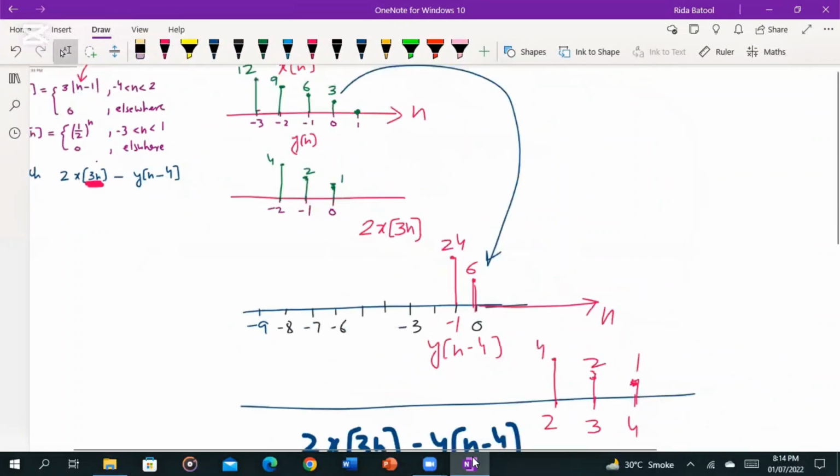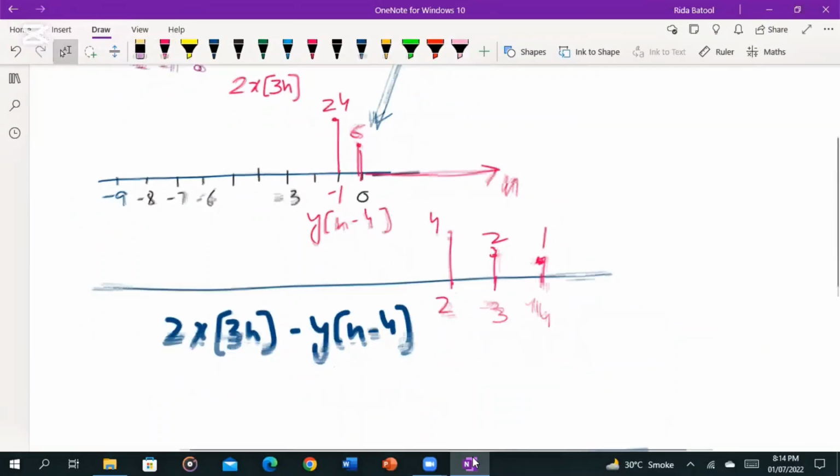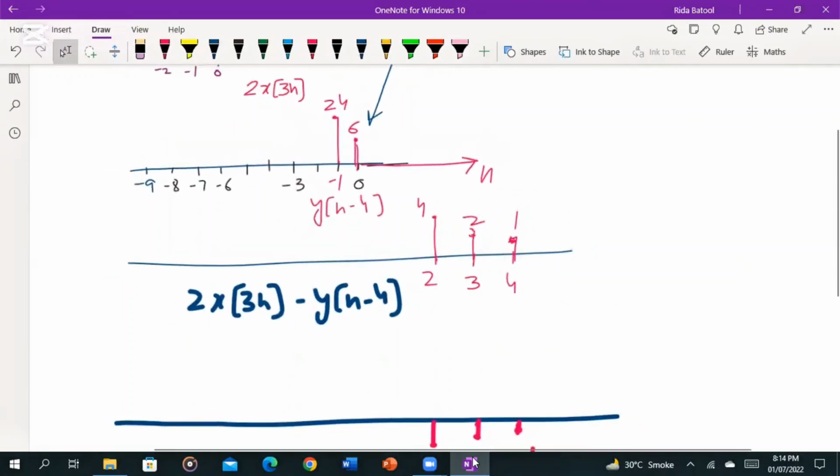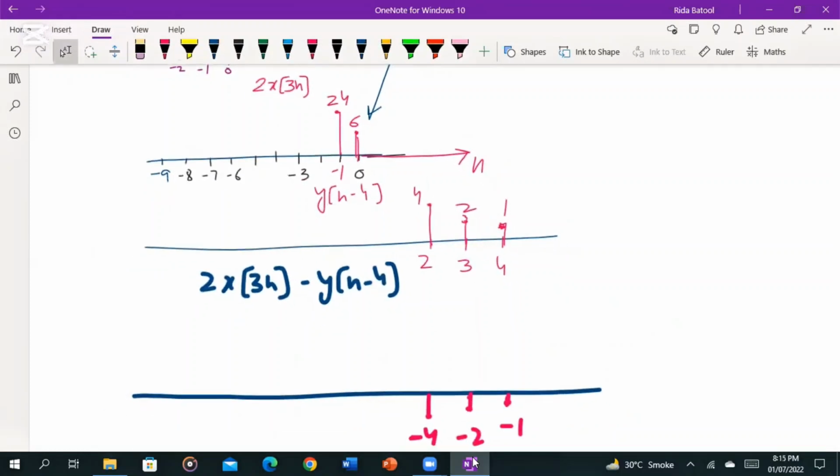So this was the one that we did. Now, when you subtract these two, you will get, we forgot to label this as well.